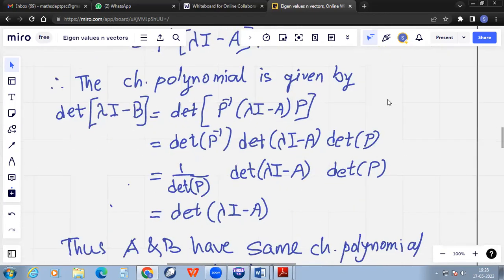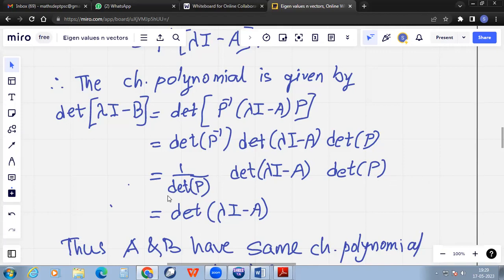So we can now go to the characteristic polynomial. So determinant of lambda I minus B will be determinant of this whole. But determinant of the product is product of the determinant. So we could write this as determinant of P inverse into determinant of lambda I minus A into determinant of P. One more thing we know. Determinant of the inverse of a matrix is reciprocal of its determinant. So determinant of P inverse I can write as 1 upon determinant of P. These two things kept as they are.